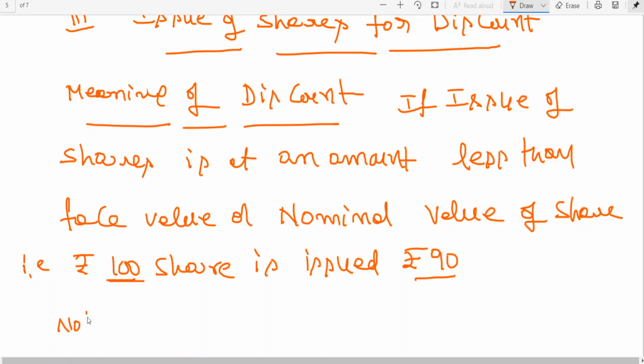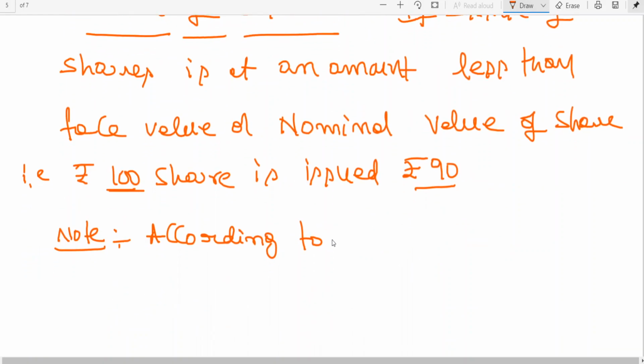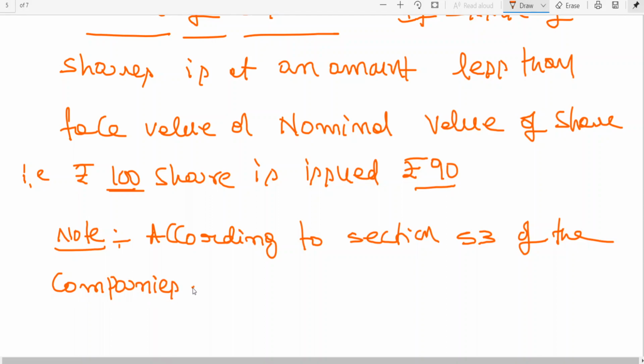Note. According to section 53 of the Companies Act 2013, a company cannot issue.